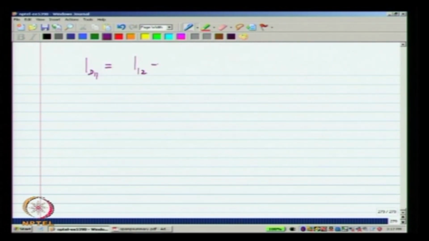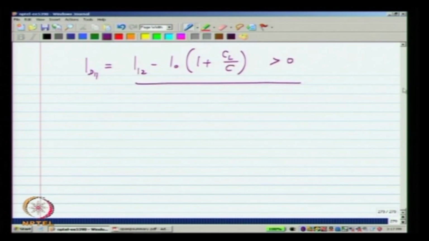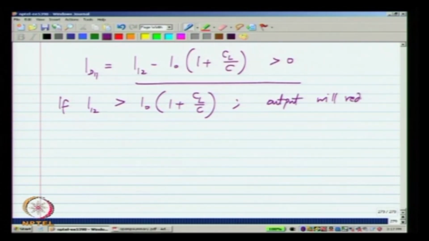ID11, which is I12 minus I0 times 1 plus CL by C, must be greater than 0. Now, if this is the case, if I12 is greater than I0 times 1 plus CL by C, the output will reduce at a rate of I0 by C.